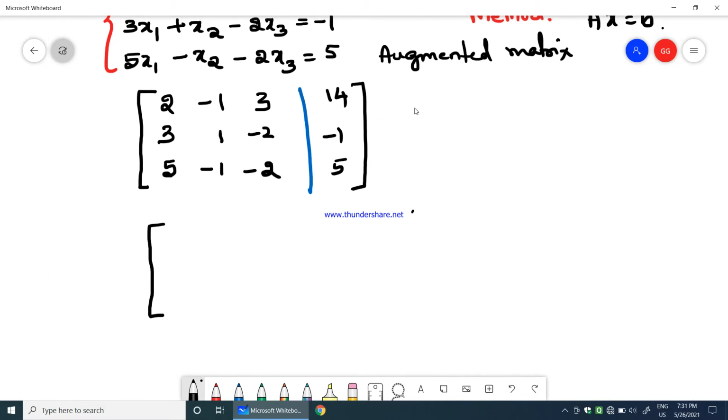First we do the operation on row 2: row 2 equals row 3 minus 3 by 2 times row 1. Row 1 remains as it is.